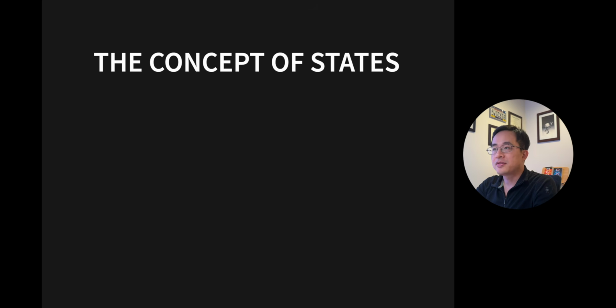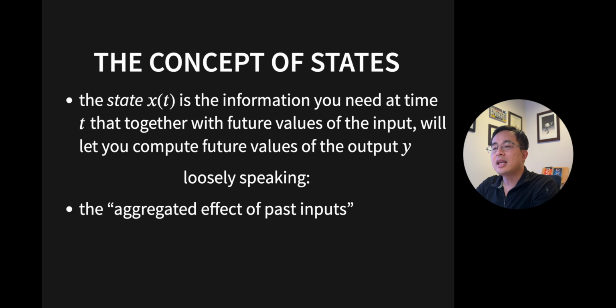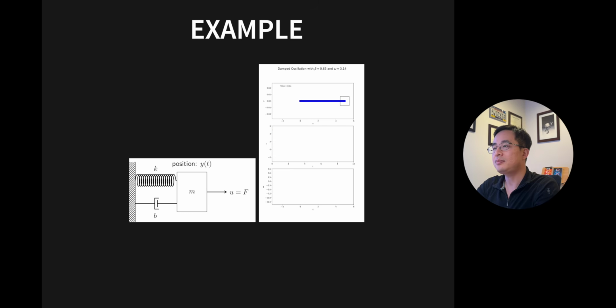The concept of state is the information that you will need at the present time that, together with the future values of the input, will let you compute future values of the output. Loosely speaking, state is the aggregated effect of past inputs. It is the necessary memory that the dynamic system keeps at each time instance.